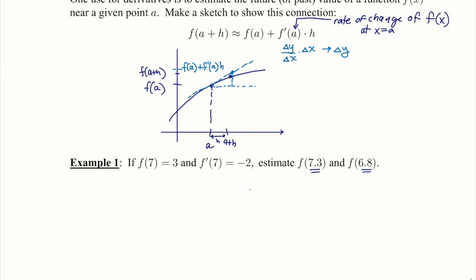So we can just look at the formula and say f of 7.3, that's the same as f of 7 plus 0.3. So 0.3 would be the h in this case. And the formula says that's about the same as f of 7, the function value at our anchor point, plus the derivative at our anchor point, times whatever the change in x was. And the change in x to move from 7 to 7.3 would be 0.3.